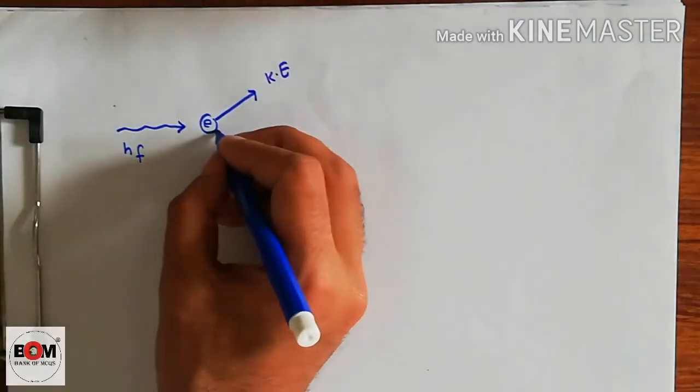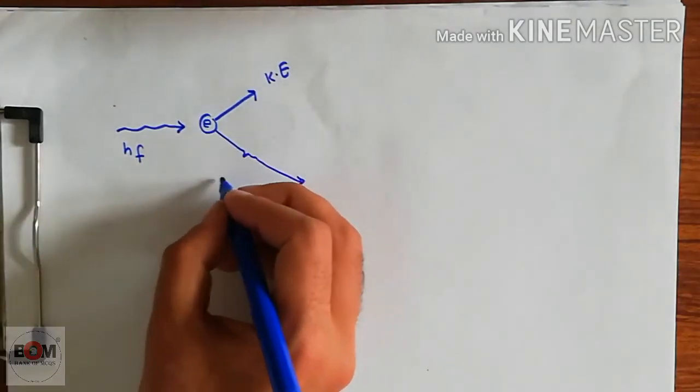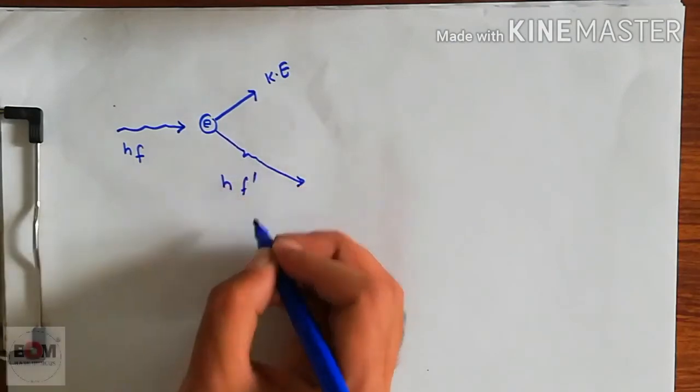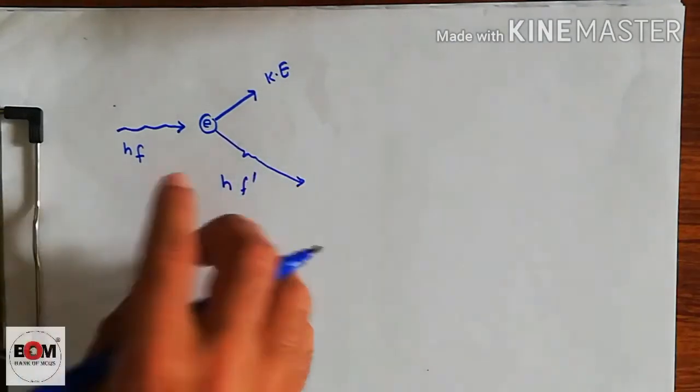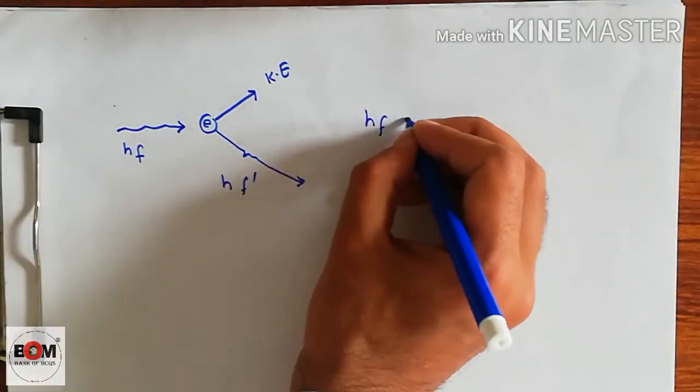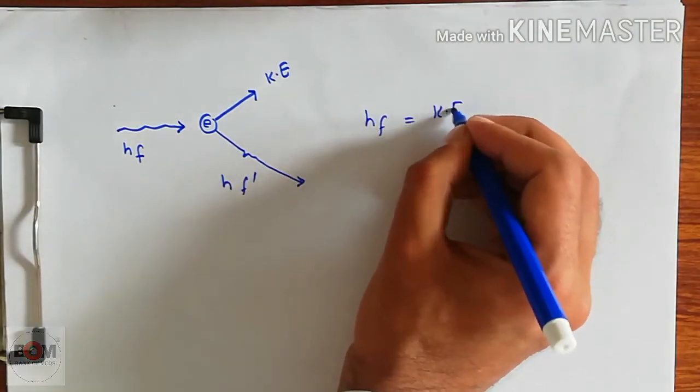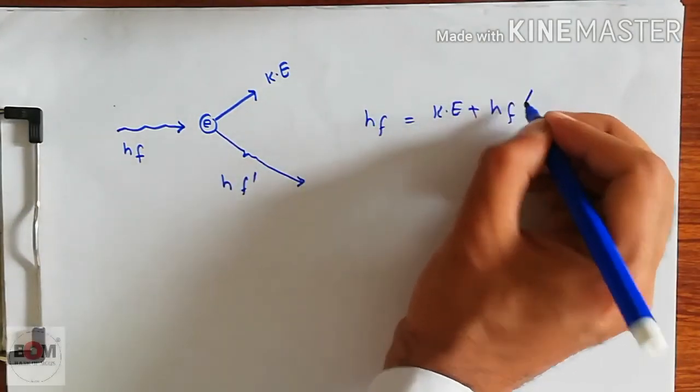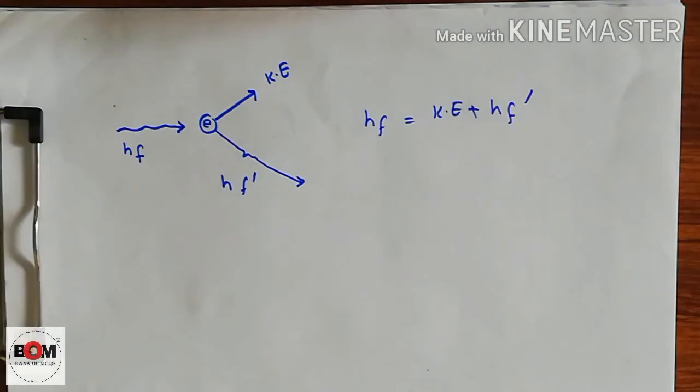The photon's wavelength and energy will change, and we will call it hf dash. So here hf is converted into kinetic energy plus hf dash. This is the law of conservation of energy for the Compton shift.